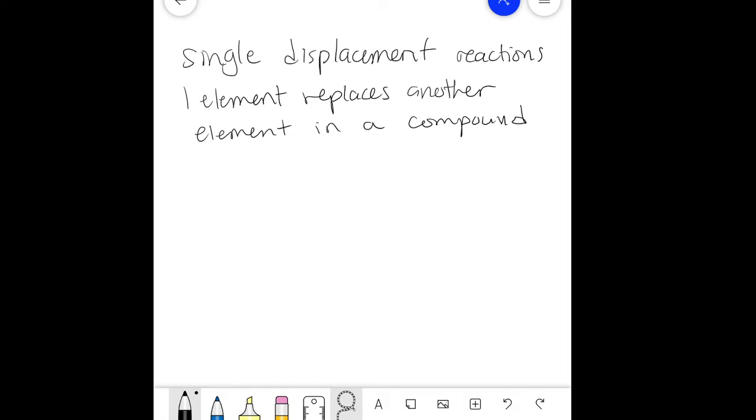So basically, say you had A plus BX, and A was a metal. These two are going to swap places.